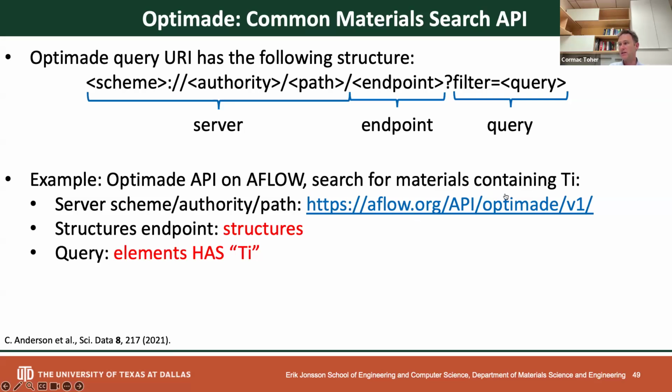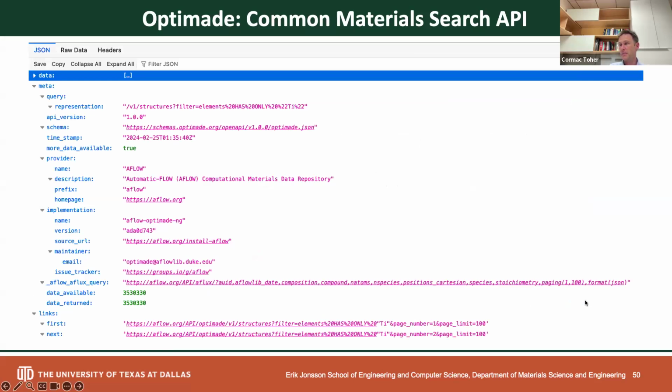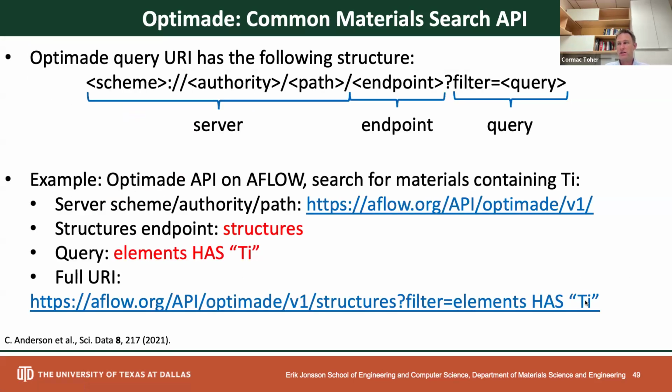So this is the server part. Then the endpoint will be structures, and the query will be elements has Ti. So the full URI becomes aflow.org/api/optimade/v1/structures, and then the query filter equals elements has Ti. Okay, so let's look at this example.